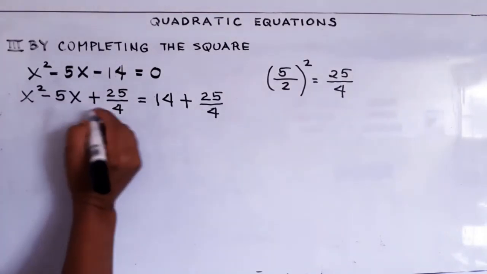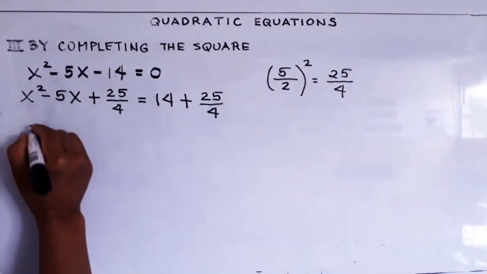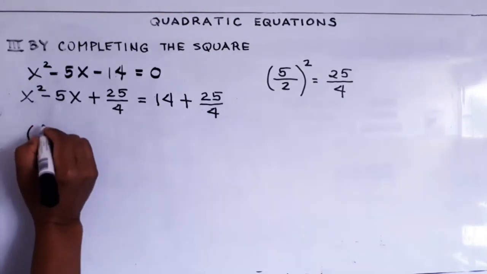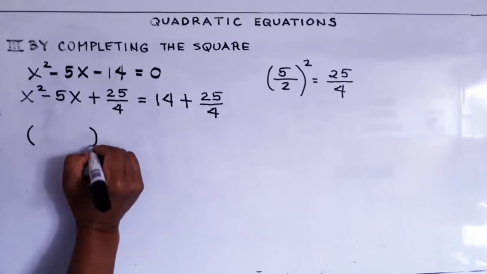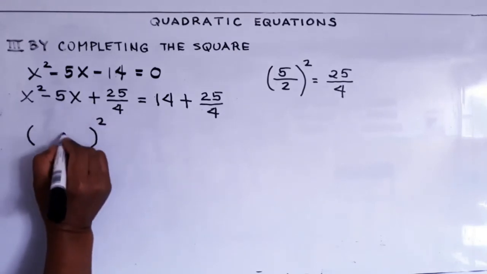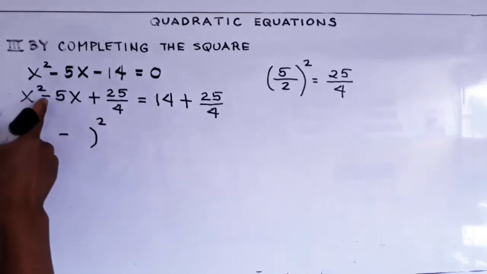Okay, we have that 24. So here, let's factor this one. If you are going to factor this one, it will give us a square here, and that is minus, because the sign is minus.